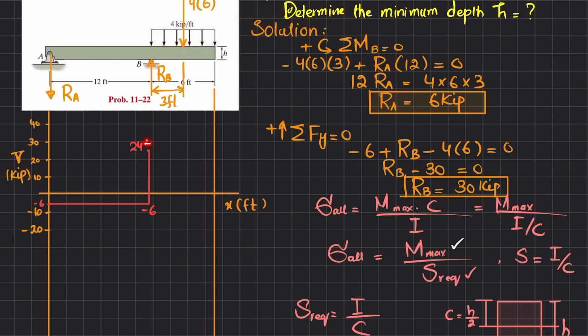So plus 24 minus 24 will bring it to 0 at this point. This uniformly distributed load is a horizontal line with 0 degrees, so the shear force will be 1 degree higher and the slope will be decreasing because these are downward. So I will get the shear force diagram like this.